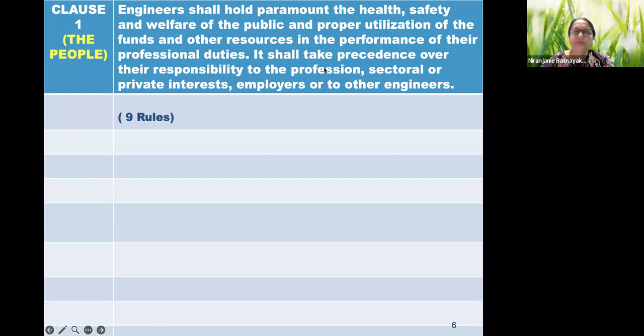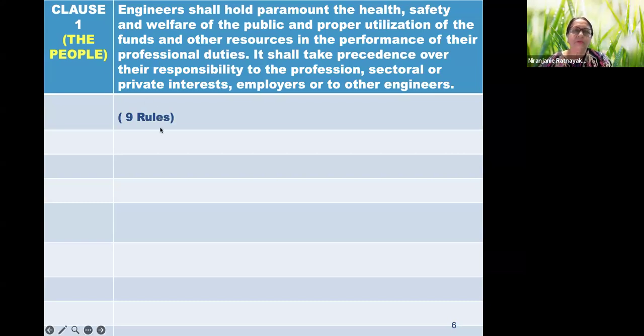It shall take precedence over their responsibility to the profession, sectoral or private interests, employers, or to other engineers, right? Now, it's good if you can remember the words, but you are not expected to remember word by word. But you must remember that the first clause is about our responsibility towards people, the public, right?